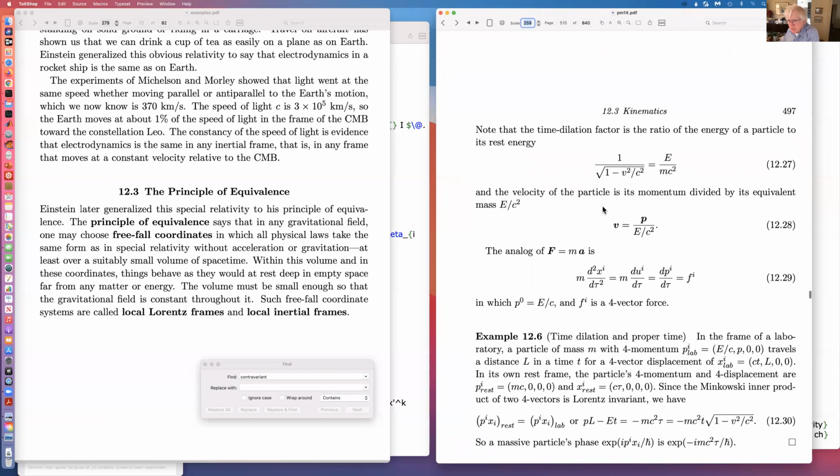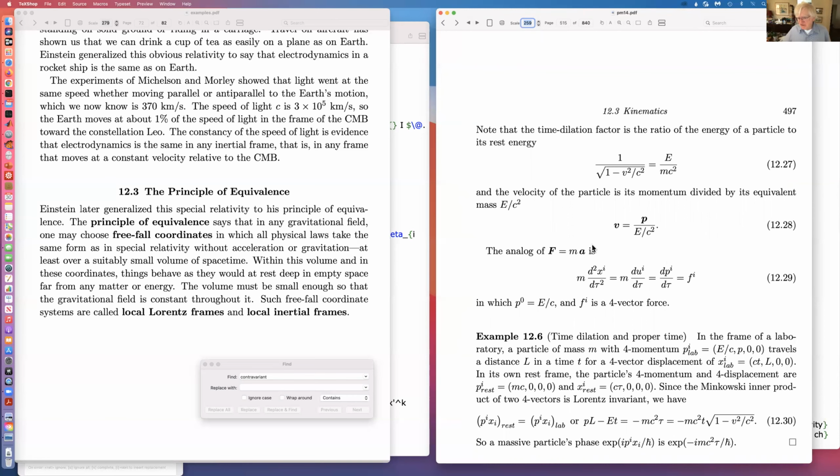And the velocity of a particle is its momentum divided by its equivalent mass. So v is p over E divided by c squared. I should have put a right-hand side to this equation. I'll do that tonight, clarify it a little bit.